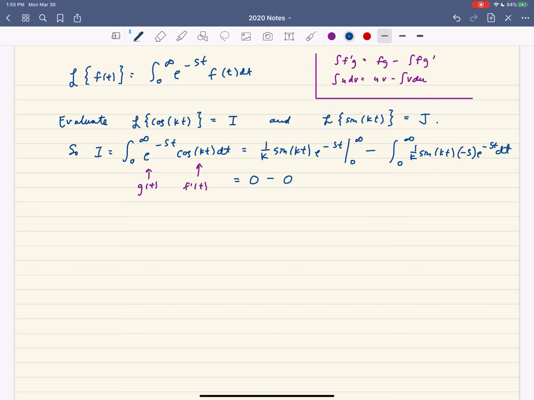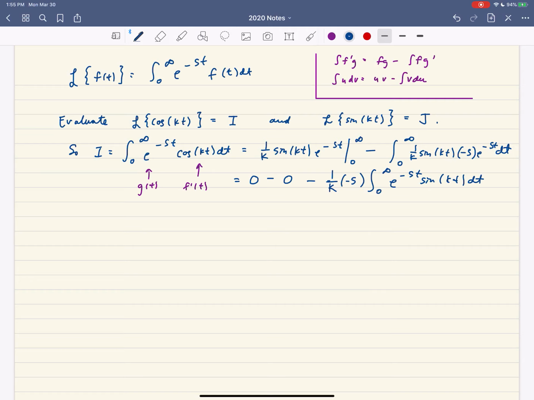The second expression that we have, let's bring out the constants. This is going to be minus 1 over k times minus s times the integral from 0 to infinity e to the minus st sine of kt dt.